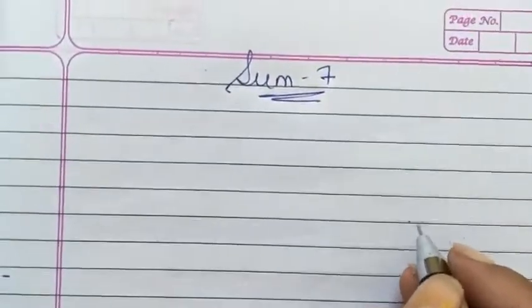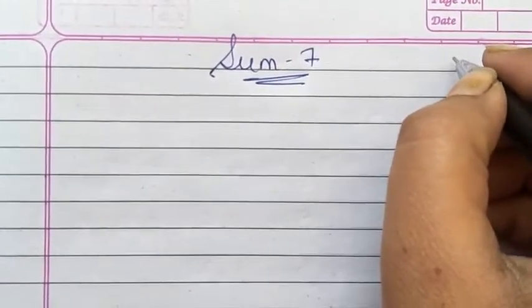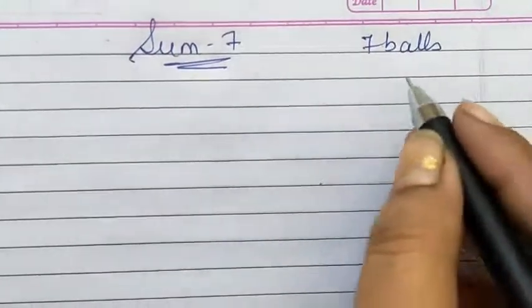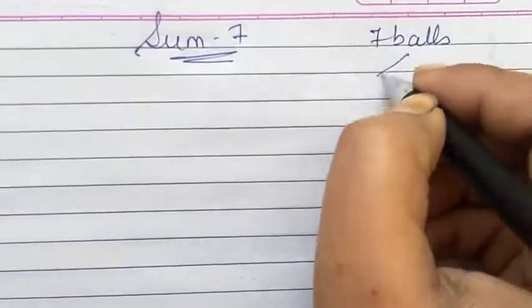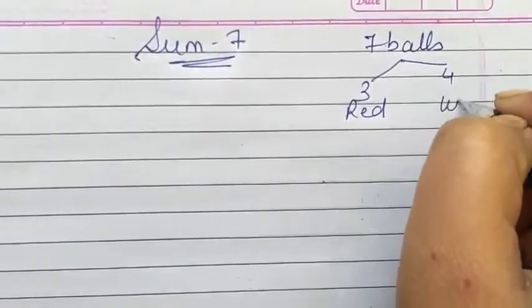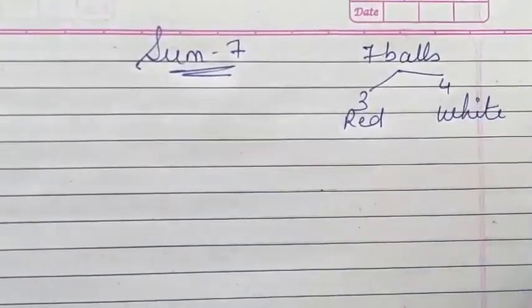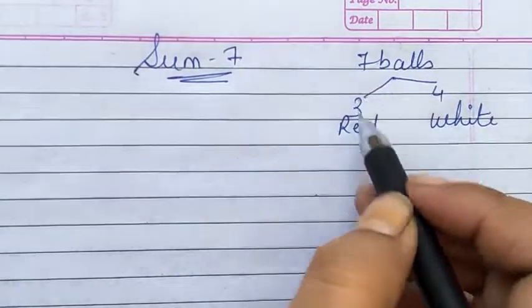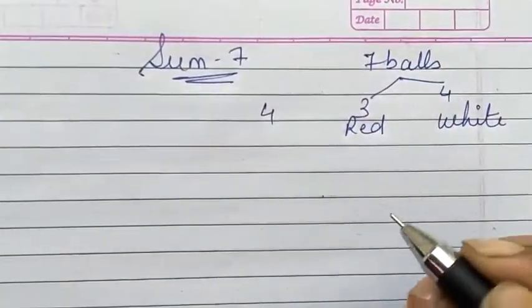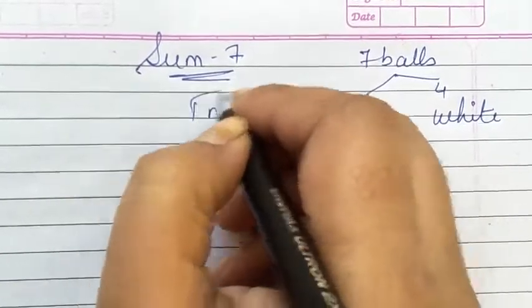Now see students, in total how many balls are there? 7 balls. Now from these 7 balls, 3 are red balls and 4 are white balls. Clear? Now from these 7 balls, we have to select 4 balls. That means n is equal to 4.